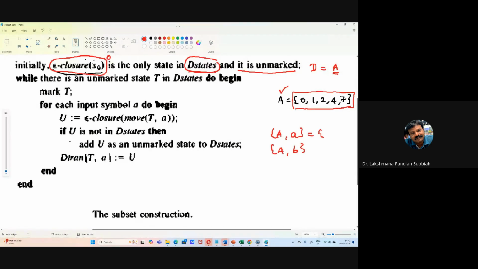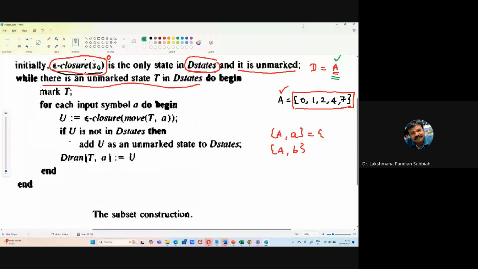While there is an unmarked state in T state. Currently one state is unmarked, A. Mark T, so you tick mark that T, A. Now we are processing that state A. This is the tick mark, so A is now under process.